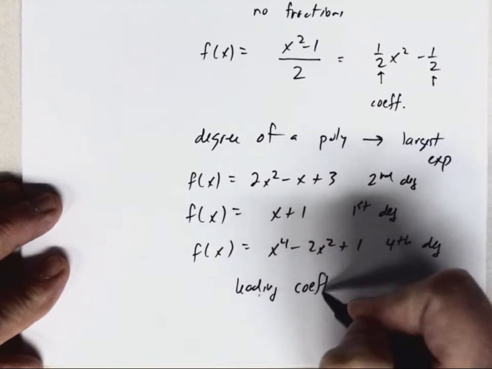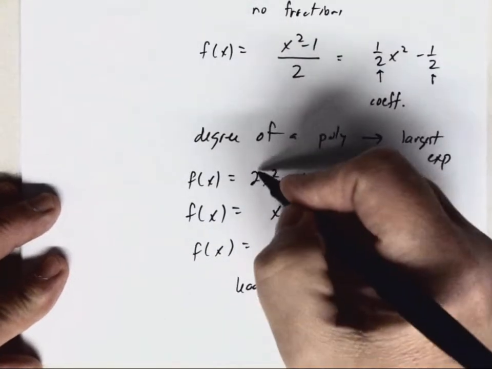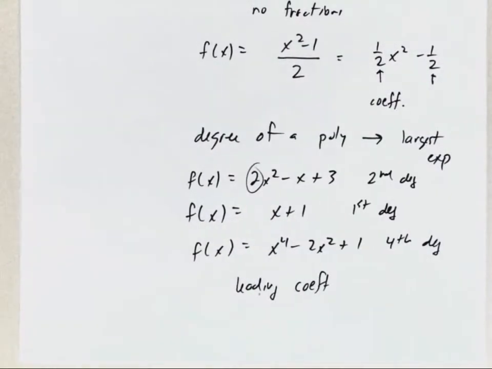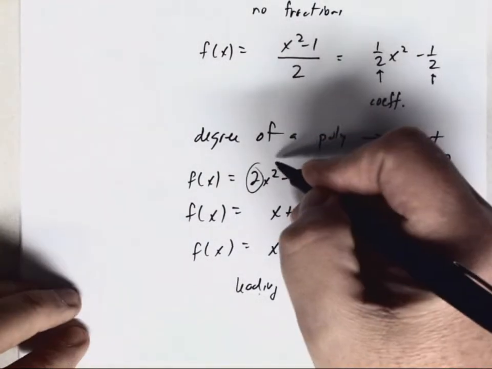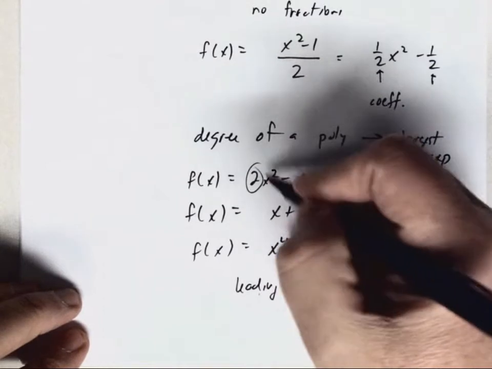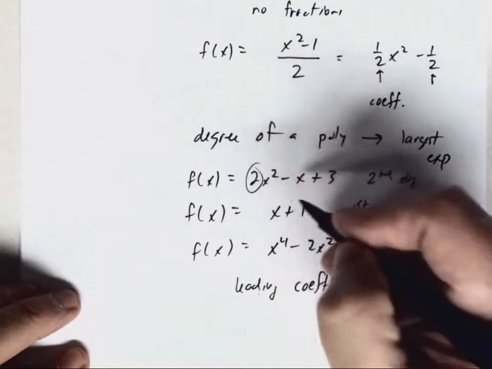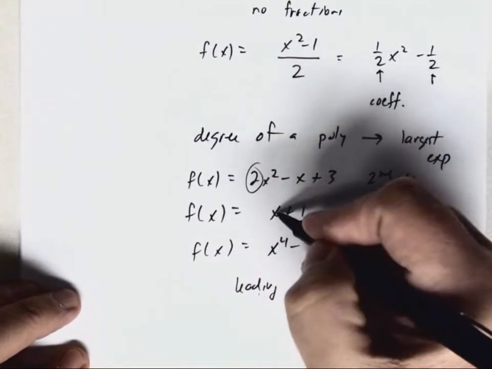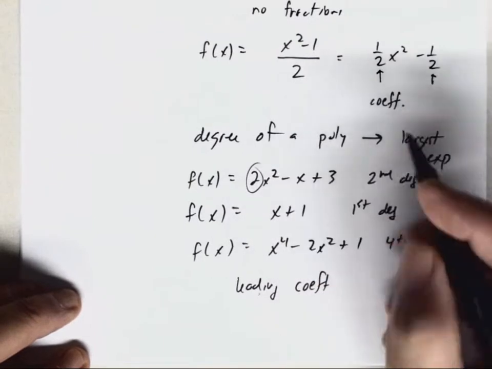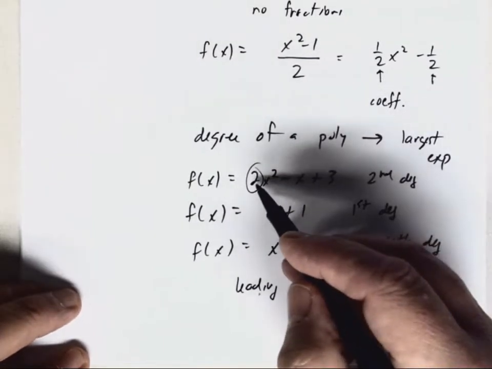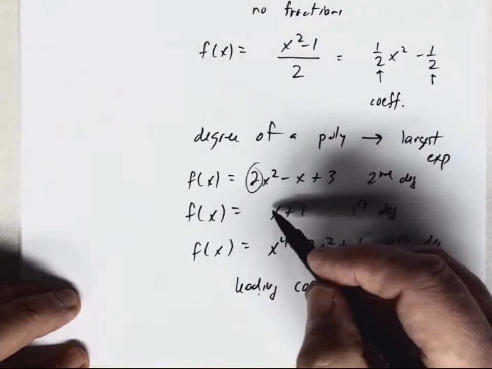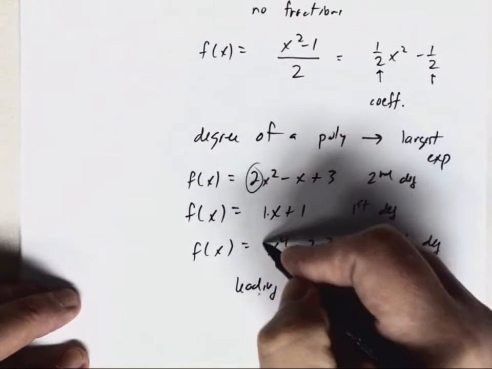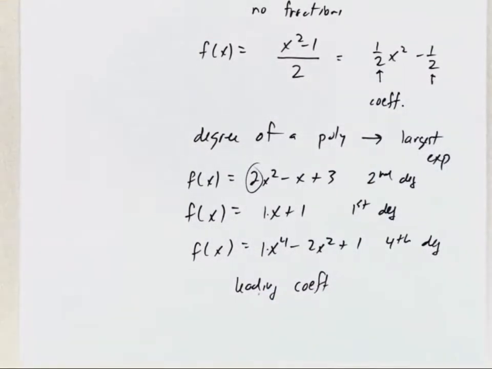The leading coefficient is the coefficient in front of the first term. We oftentimes actually call this the leading term. So leading term, leading term, leading term. In this case, the leading coefficient's a 2. Now for these polynomials, the leading coefficient's 1. Because you could think of a 1 being there.